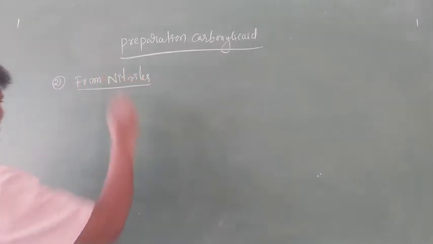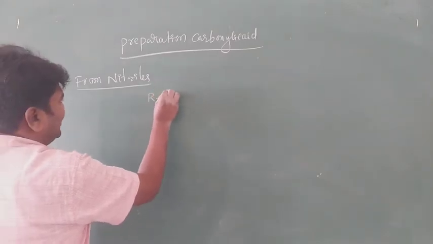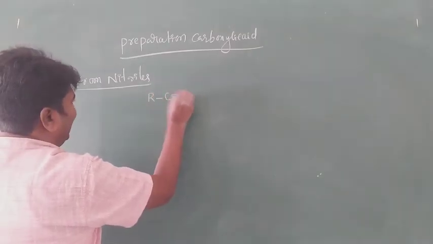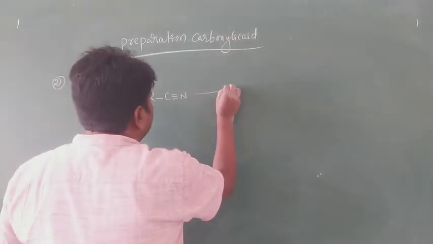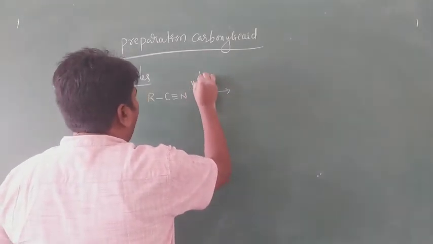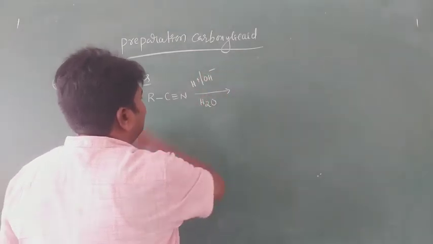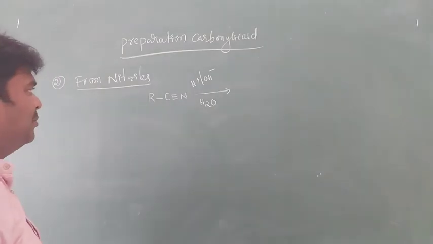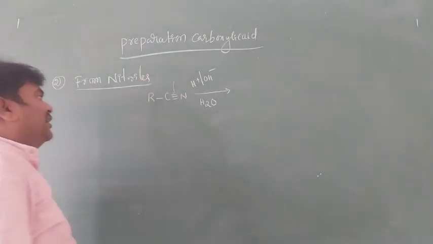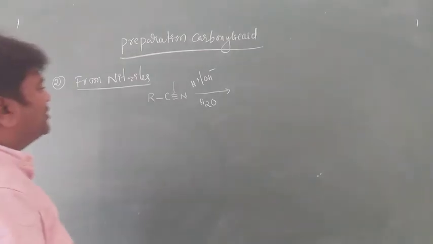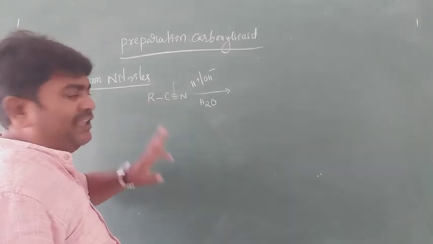From nitriles. See here. Suppose the general equation, it is R C triple bond N, an alkane nitrile, in presence of acidic medium or basic medium undergoes hydrolysis. Simple. Here two pi bonds are lost. One OH is adding here and H is adding here.